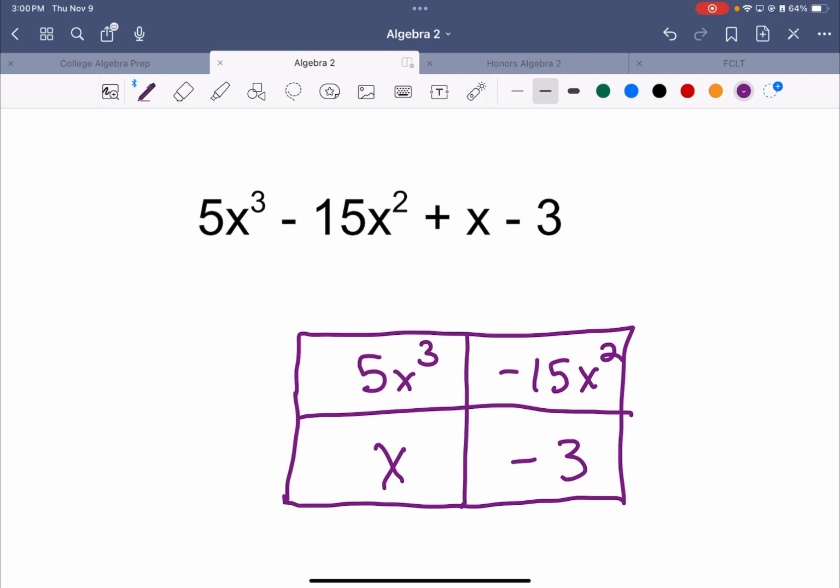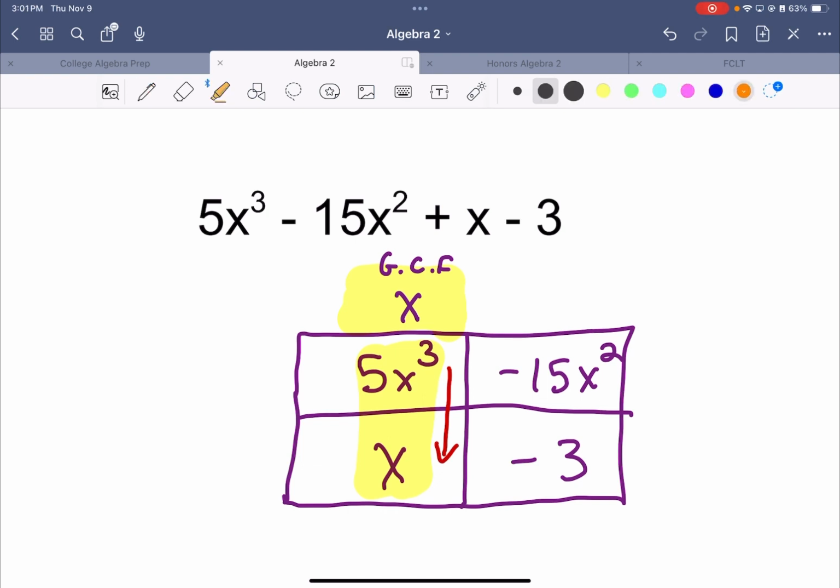Now we're going to look at this column right there, and we're going to put the GCF of that column right there. What's the GCF of 5x cubed and x? X. So the GCF going that direction is x.